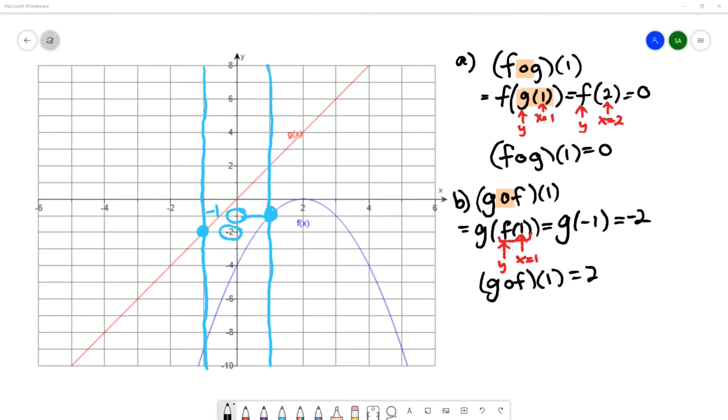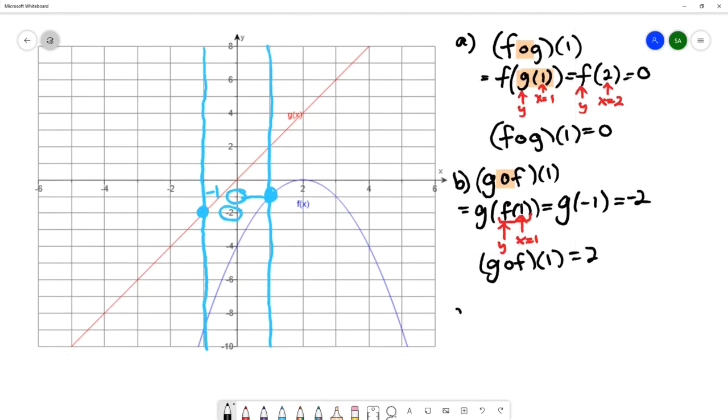So we have several more parts, and the next one, part C, we are finding g composed with g of 0. And we recall that this operation of composition is substituting one function inside of another function. So we'll rewrite this as g of g of 0.